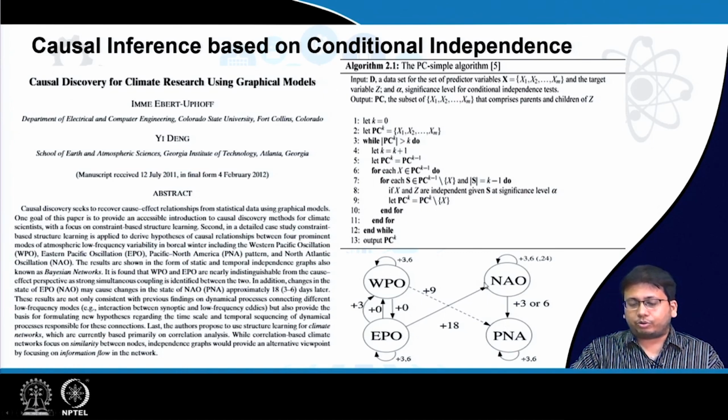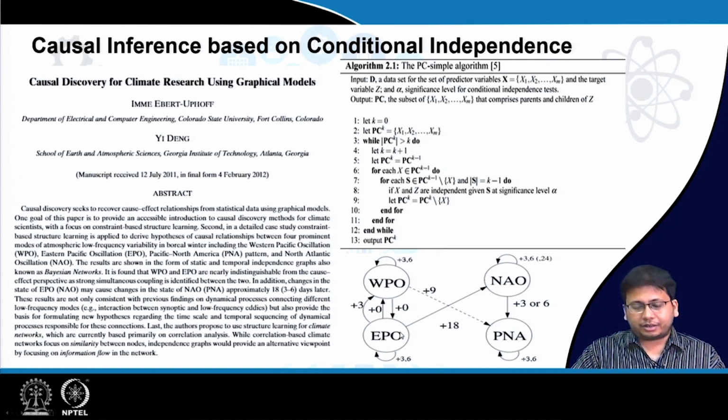These arrows indicate the cause effect relation, like for example this arrow indicates that this is the cause and this is the effect, and each of these arrows is associated with some kind of time period, which means the lag.